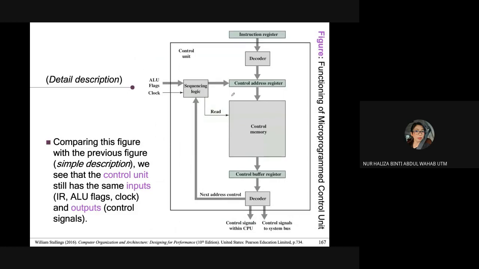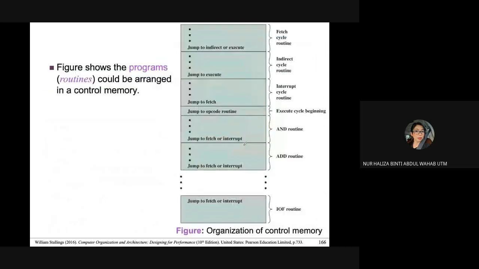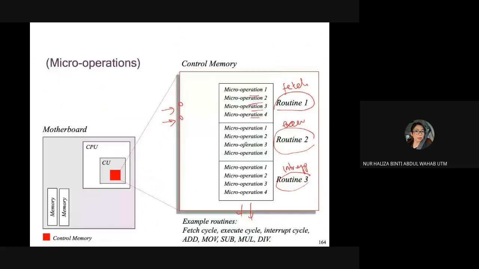So this figure is your control unit. You can see this one is your control memory, the one that you see inside this picture. Inside this control memory are all these routines, what cycles are available.